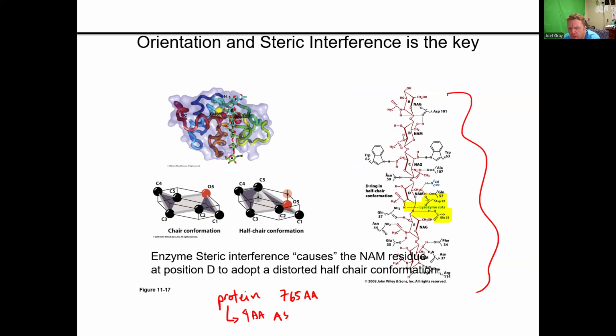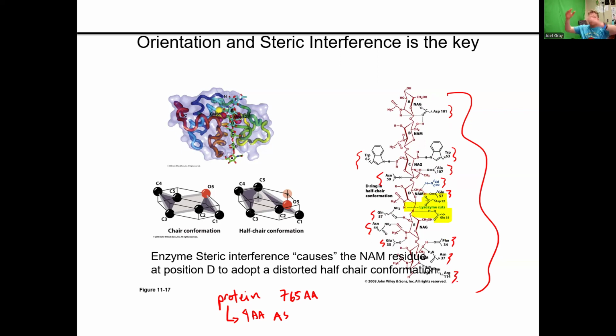But then if we look back, let's start at the top. We've got aspartate 101, tryptophan 63, tryptophan 62, alanine 107, asparagine 59, valine, that's a hydrocarbon. How is valine going to be involved? Oh boy, valine 109, glutamine 57, again glutamine, asparagine, glutamic acid, phenylalanine, asparagine, arginine.